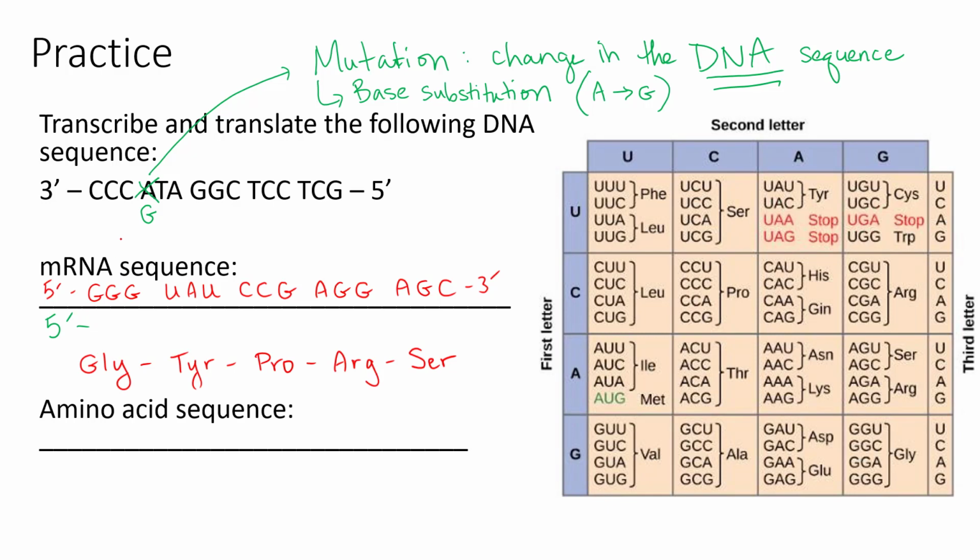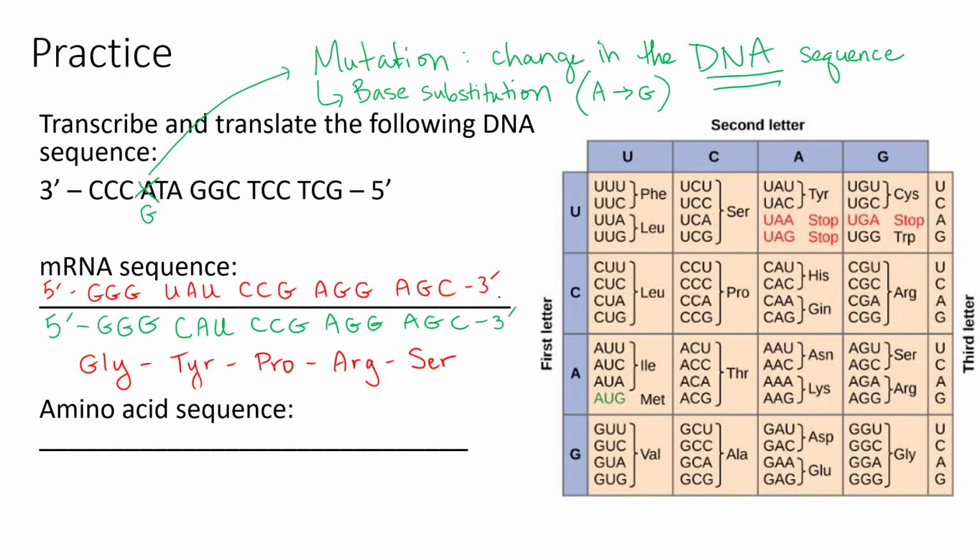So in the mutation, the first three are the same, right? But now we have a G in this spot. That means there's going to be a C in the RNA, and then we'll continue here. And the rest of it will be fine, right? That was the only area where there was a change.